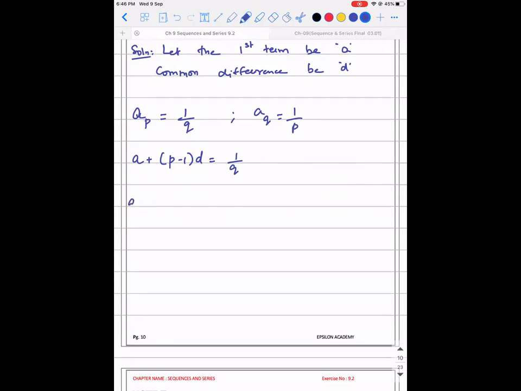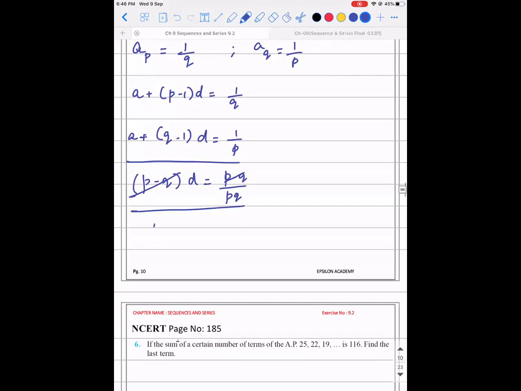Subtracting both, you will have (p minus q) into d is equal to (p minus q) divided by pq. So p minus q gets cancelled. The common difference comes out as 1 by pq.